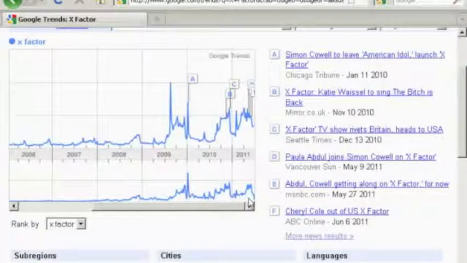You can see here there were more news stories being written about, and then you've got the various peaks as the show starts to take off and so on. And this one here shows the peak in traffic when Simon Cowell announced he would leave American Idol, and these when various things have happened on the show. You know, when people started writing about Cheryl Cole and Paula Abdul and so on.